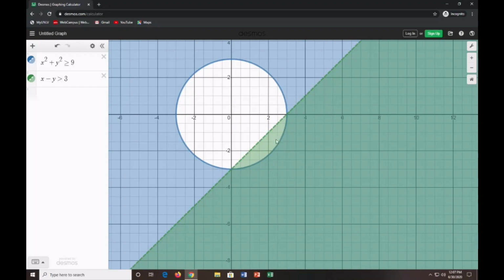On the inside of the circle, part of it is a solution for the line, but not the circle. It's only outside of the circle and on the right side of this dashed line where we have the overlap. So that's the graph of these solution regions, and I hope it made things more understandable.